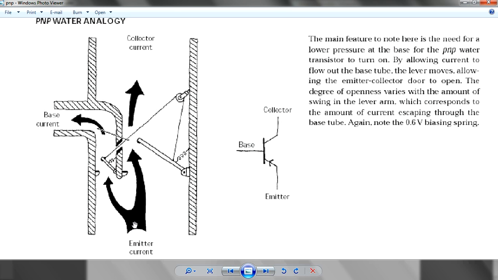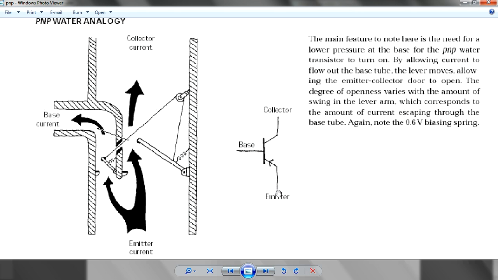However, when the emitter current is large enough, you push up this current over here and allow the base current to flow in. If this one opens, this one will also open because they're connected within the system. So when you open up this thing, you allow the current from here to flow into here, and you also allow flow from the emitter side to the collector side.